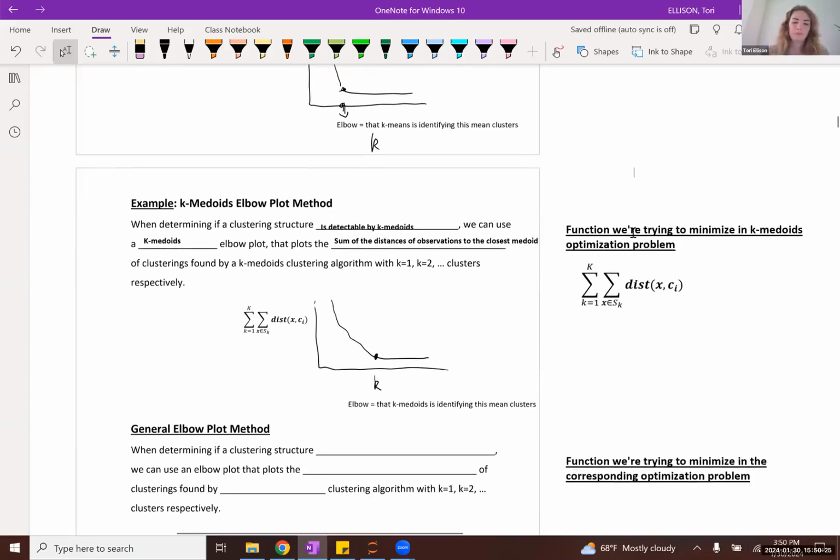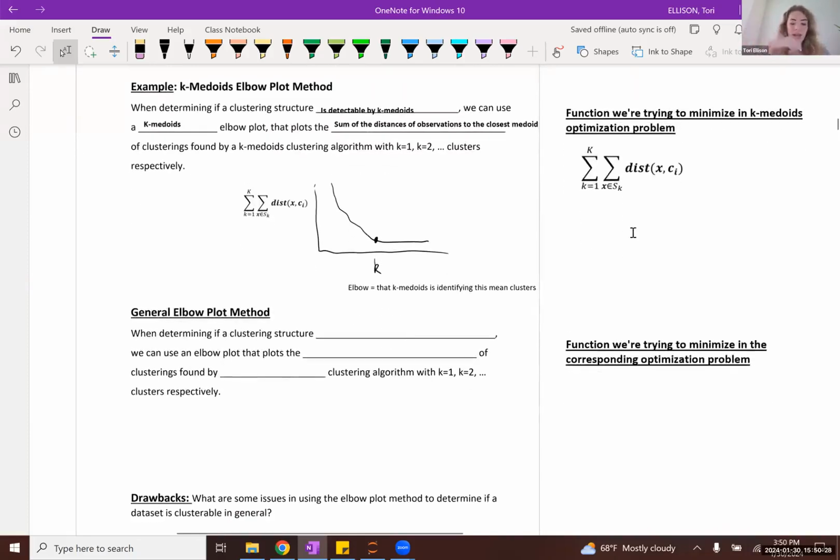In general, many of the clustering algorithms that I'm going to introduce in this class are founded upon some sort of optimization problem in which there's an objective function that we are trying to minimize. So for any clustering algorithm that is linked to an optimization problem in which you're trying to minimize an objective function, whatever it is, you can create an elbow plot that corresponds to this particular algorithm.